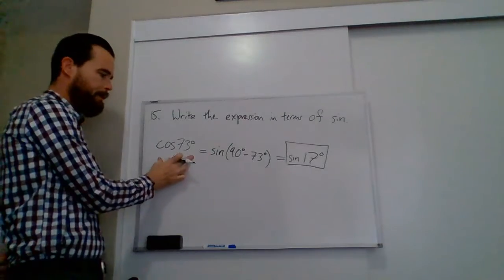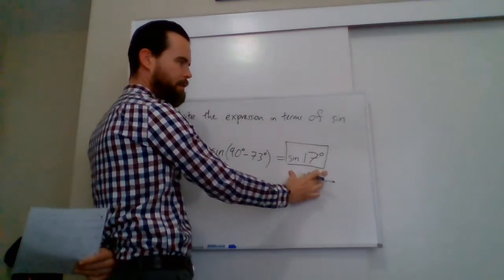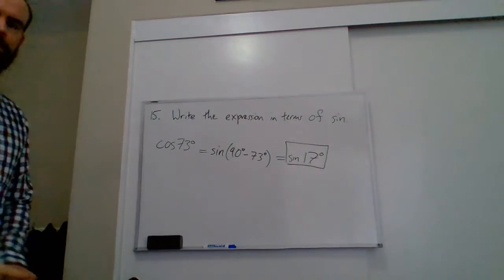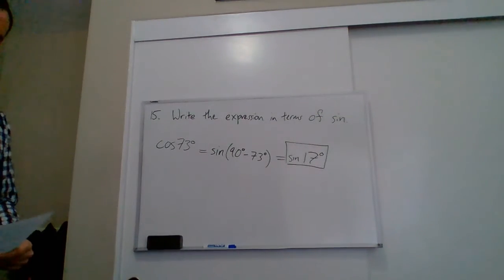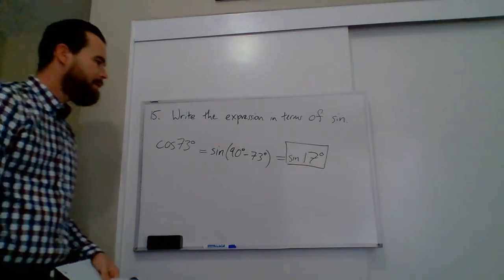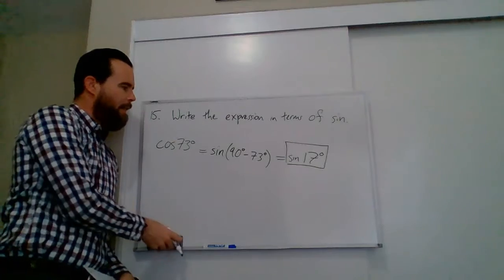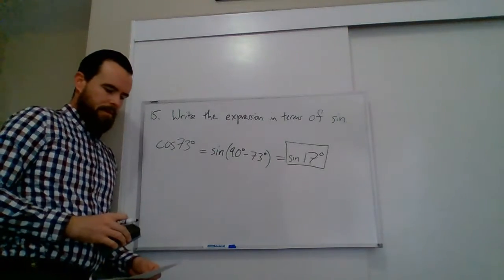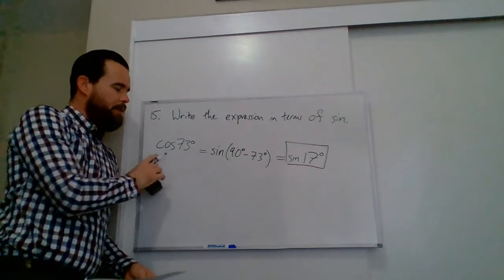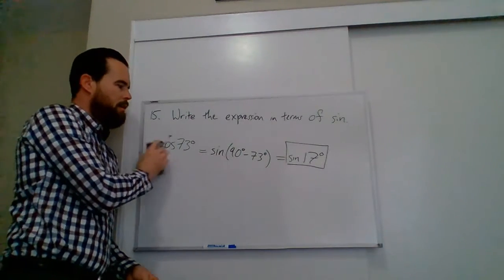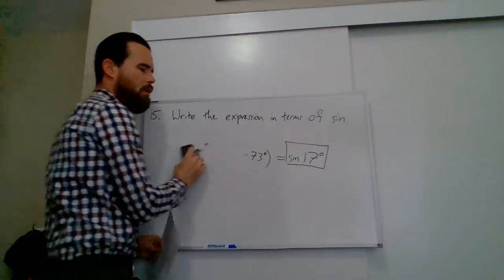So cosine of 73 degrees is equal to sine of 17 degrees. And this is in terms of sine now. I like it. Pretty good so far. We're just moving along. So we've just been using these sine to cosine ratios when we have all the side lengths.